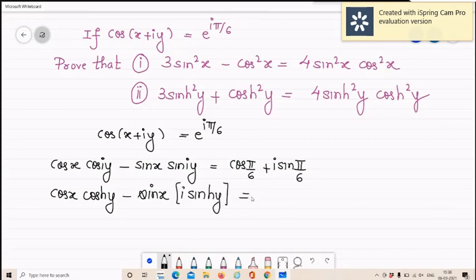And what is cos of pi by 6? Root 3 by 2. Yes.